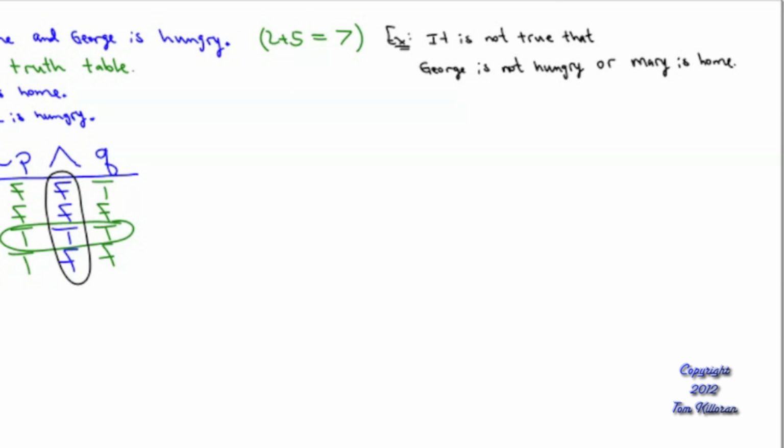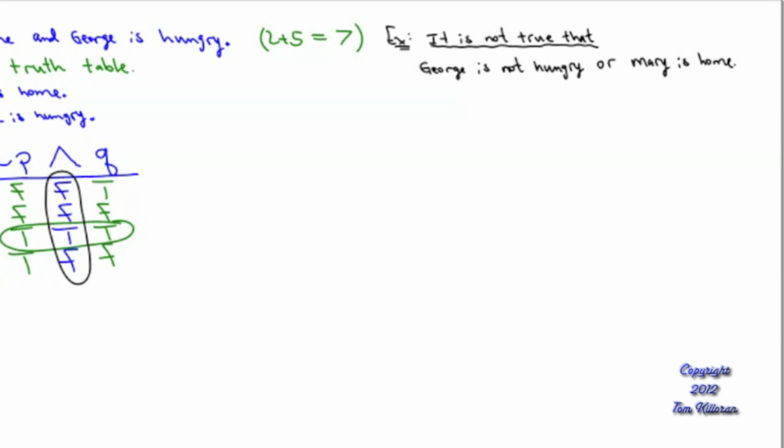I'm still using George and I'm still using Mary. And George is still hungry or not hungry, and Mary is still home or not home. So the P and the Q part of this is not changing, but the statement itself has changed a lot. Because it's or, and also because of this mess up here. It is not true that.